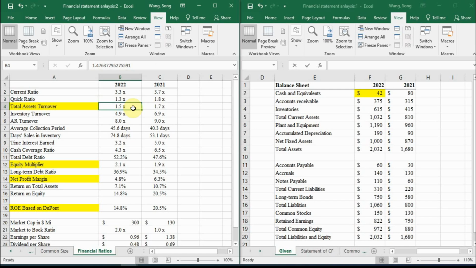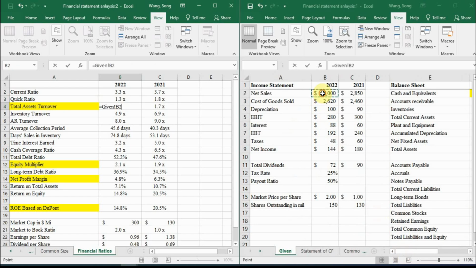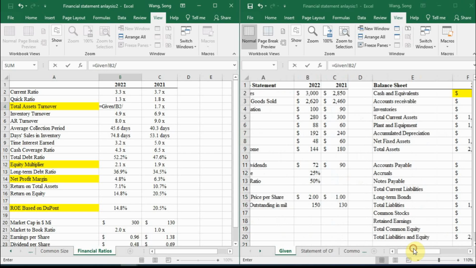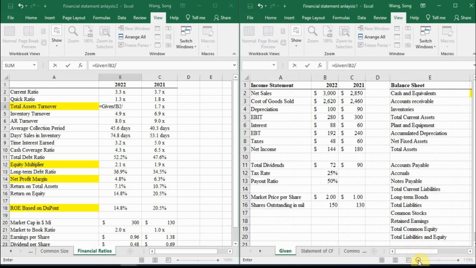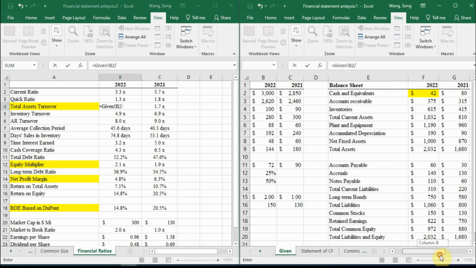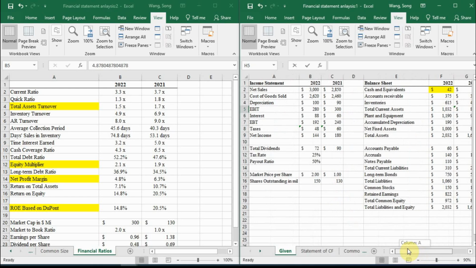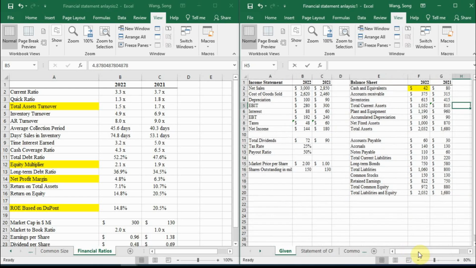And for the total assets turnover, it is sales divided by the total assets. Okay, so let me zoom out. All right, total assets. All right, and I need to zoom out a little bit so I can see both of the numbers in the same screen.